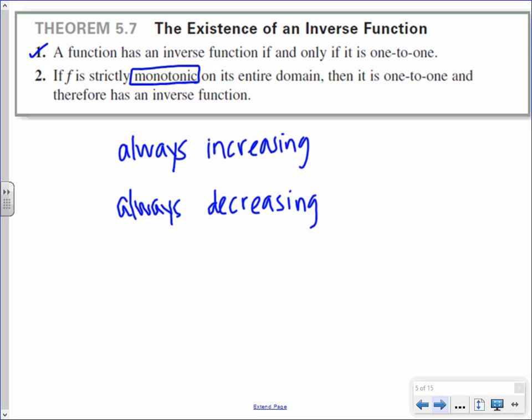So let me ask you this. You can talk about it with your team. Is there a way for us, using calculus, to determine if a function is always decreasing or always increasing? Talk about it with your neighbor. Is there a way for us using calculus to figure this out? And what would that be?